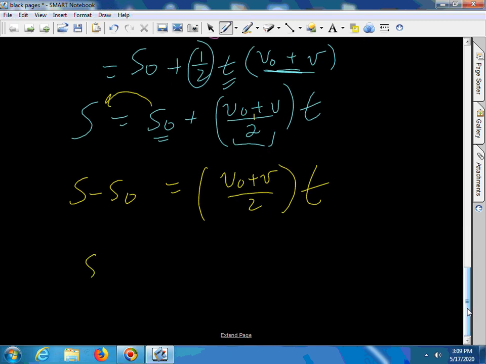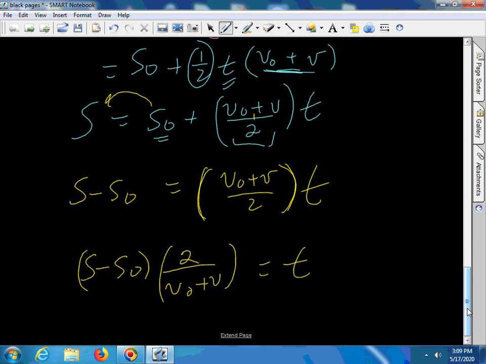So s minus s0 times the reciprocal of this, 2 over v0 plus v, will equal the time. So if you have the final displacement, initial displacement, initial and final velocity, you got t. That completes this.